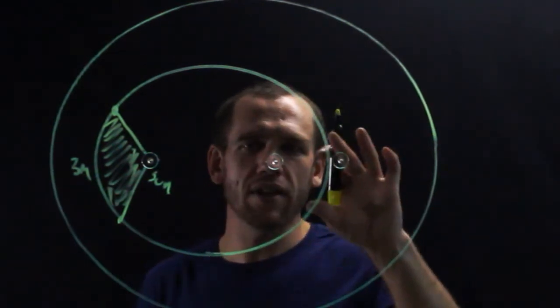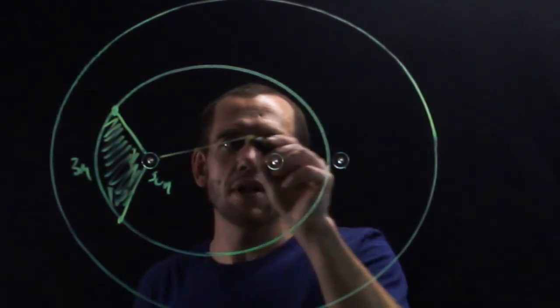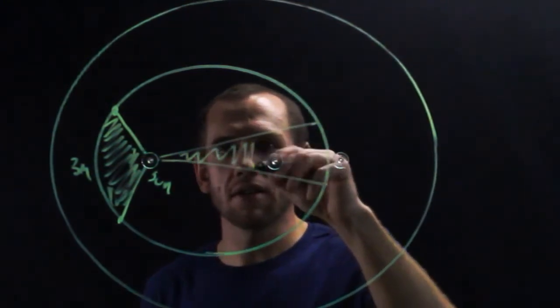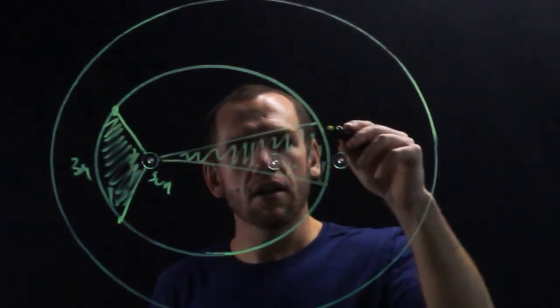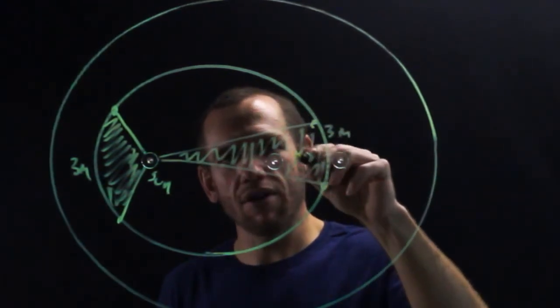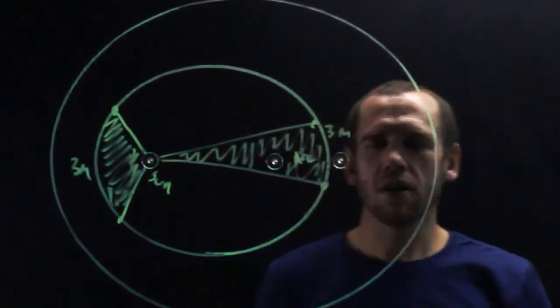So if we're all the way on the other side of this, then we might say this area right here, this is also a 3-month time period as the planet moves from here to here. The area here and the area over here are the same.